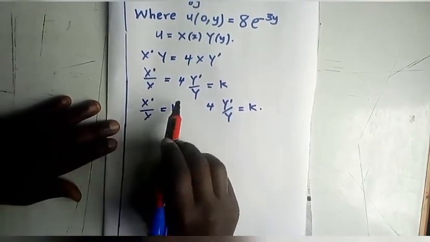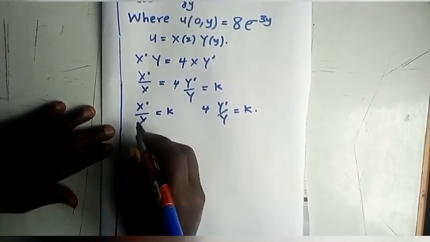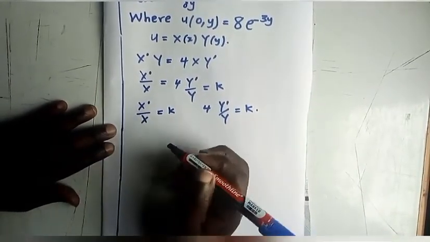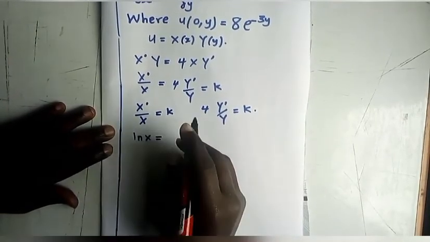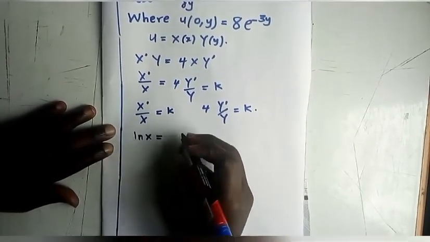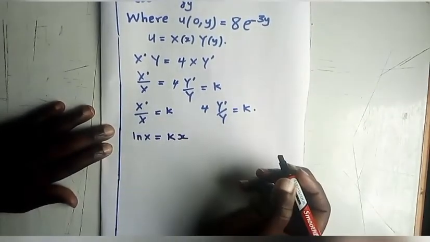So when you integrate this function with respect to x, the integration of 1 over x is ln x, okay, and this is equal to, when you integrate k, we're going to have the constant k with x, okay.